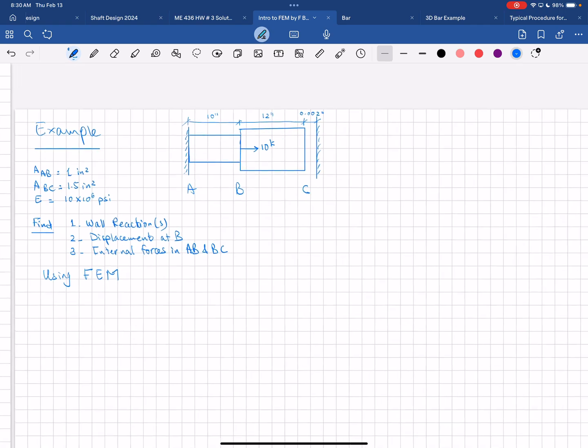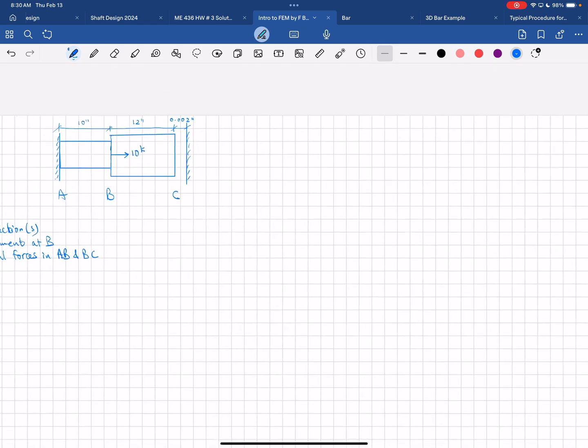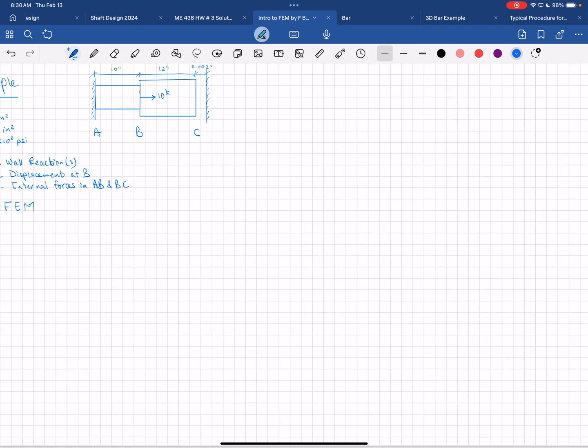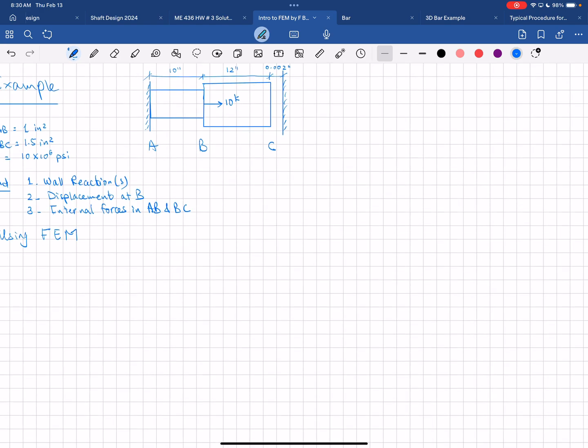So we're going to go through the steps, and the first thing I want to do here is to identify an element that we're going to use. Looking at this problem, we see that AB and BC are going to behave like bars, either in tension or in compression. And we've already checked whether C is going to hit the wall or not, and we learned that C is going to hit the wall.